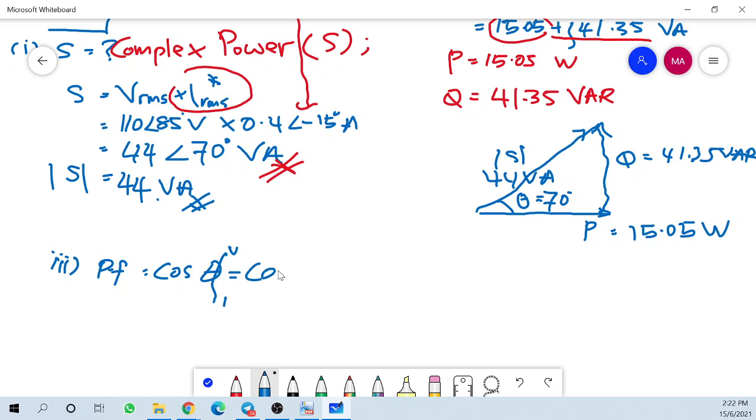So cos 70. Just use your calculator, cos 70. Okay, 0.34.